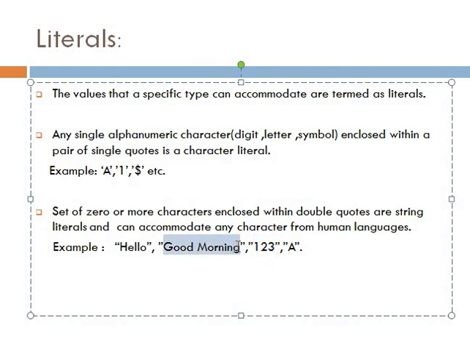For the string good morning, this also comprises a group of characters. For the string hello, it again comprises a group of characters. So keep in mind that characters should always be enclosed within single quotes as single, whereas strings should be enclosed within double quotes, but may be single or may comprise a group of characters. So here these are the character literals, whereas these are the string literals.